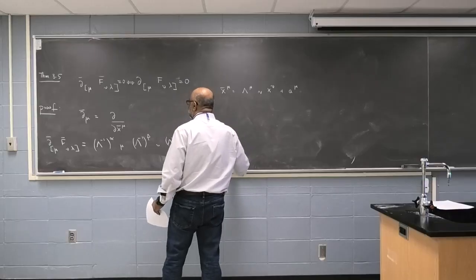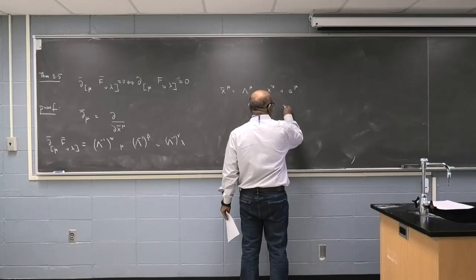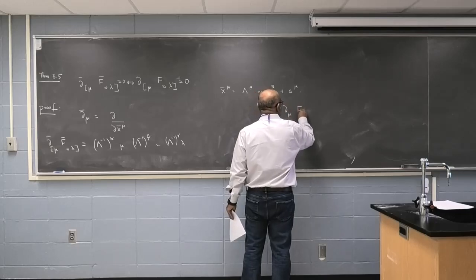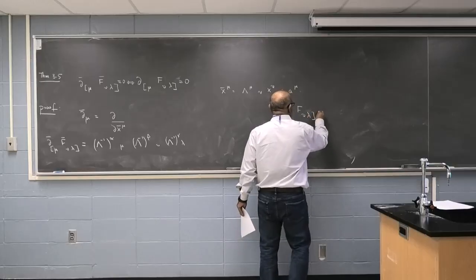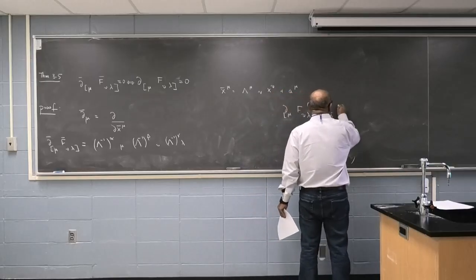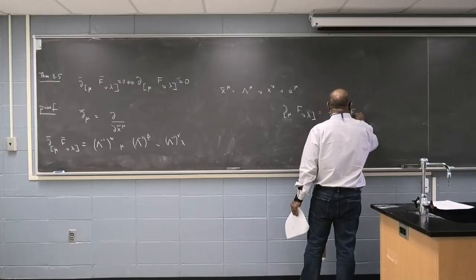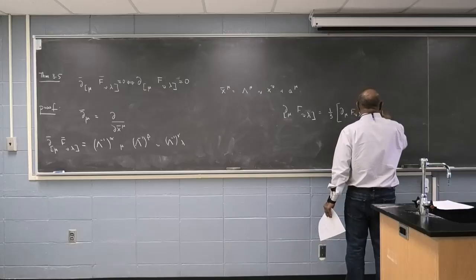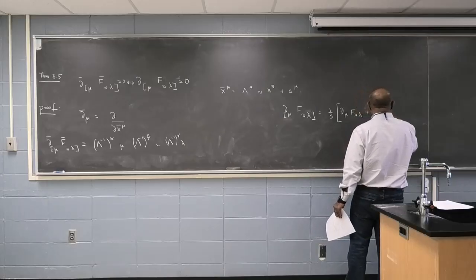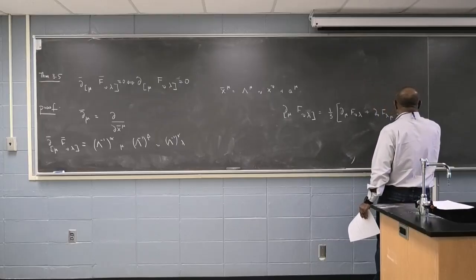I get 3 terms. Oh, of course, I erased what I needed the most. What is this? F mu lambda. What is that equal to? 1/3 d mu f nu lambda plus d nu f lambda mu plus d lambda f mu nu.